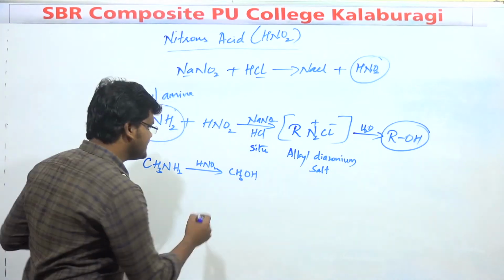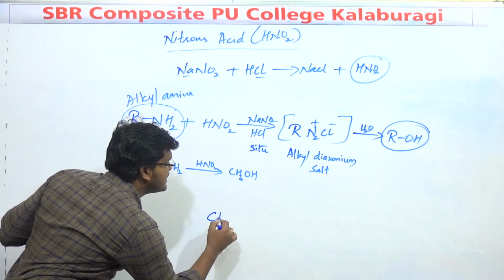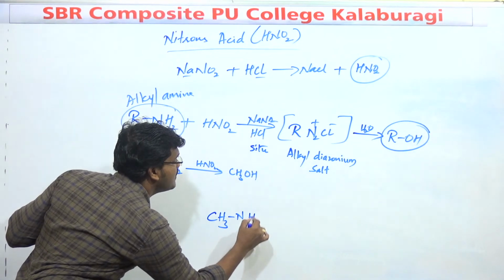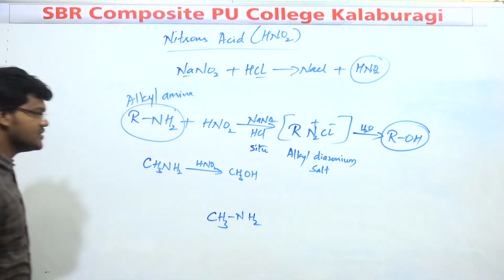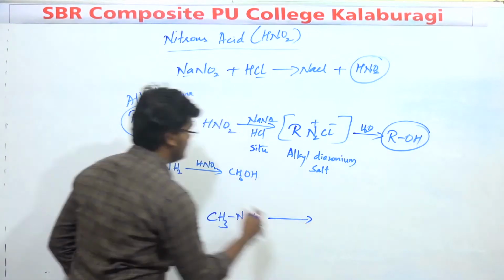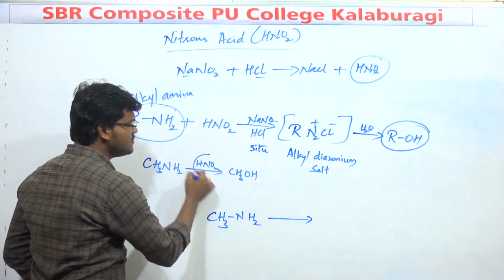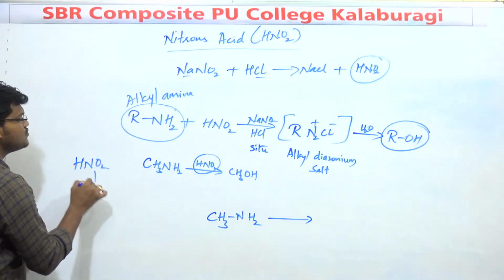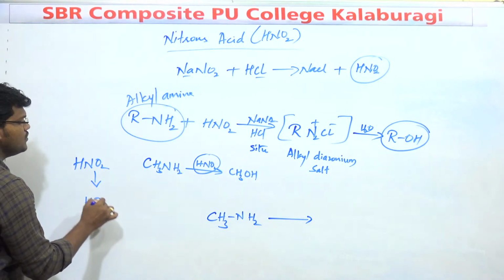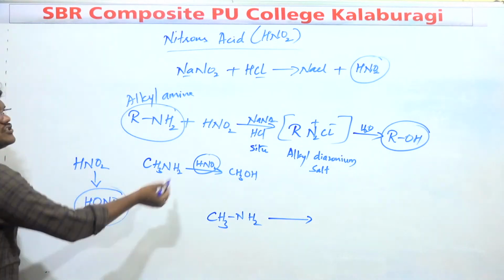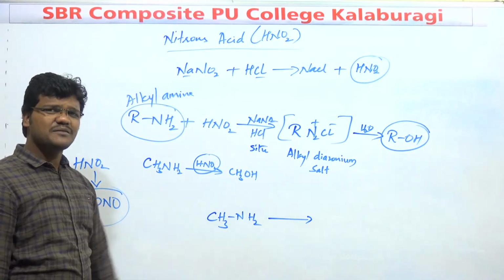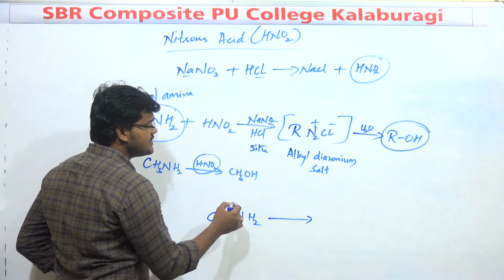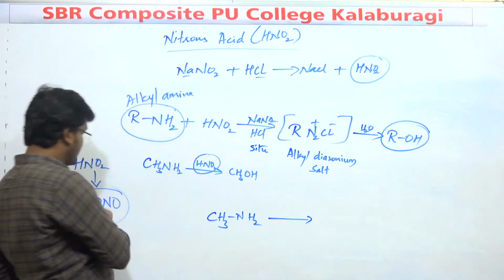For your convenience, I will make it even easier. I am having CH3NH2, and I am adding HNO2. This HNO2 can be written as HONO. OHNO is nothing but HONO, and HONO is nothing but my HNO2. So here I will write HONO.